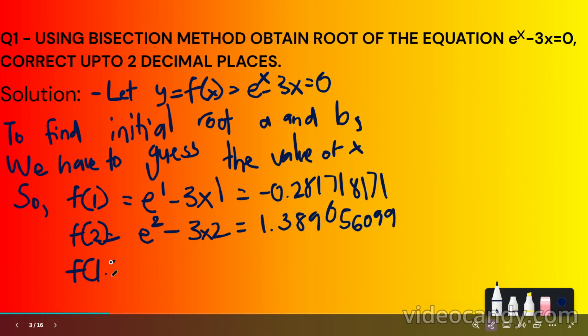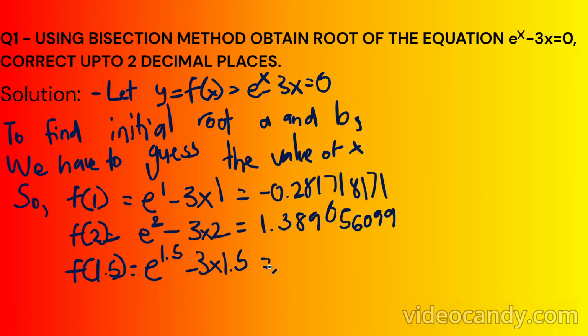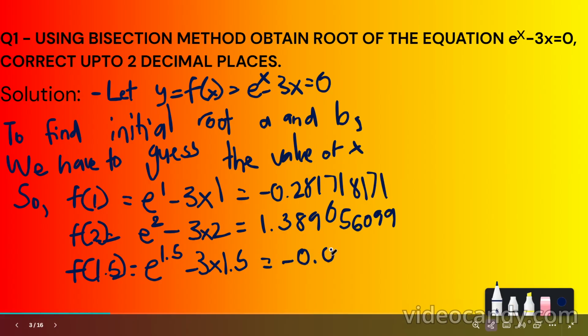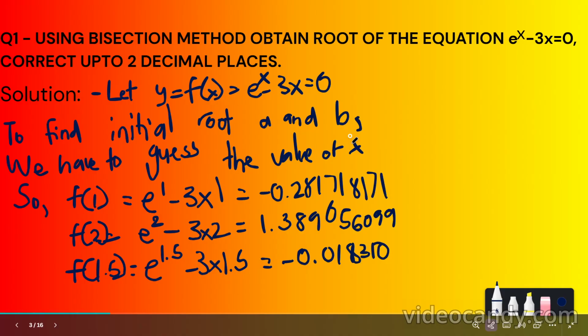And f(1.5) is e^1.5 minus 3 times 1.5, so the answer is negative 0.01831. So that is how we find the initial roots a and b, for example 1.